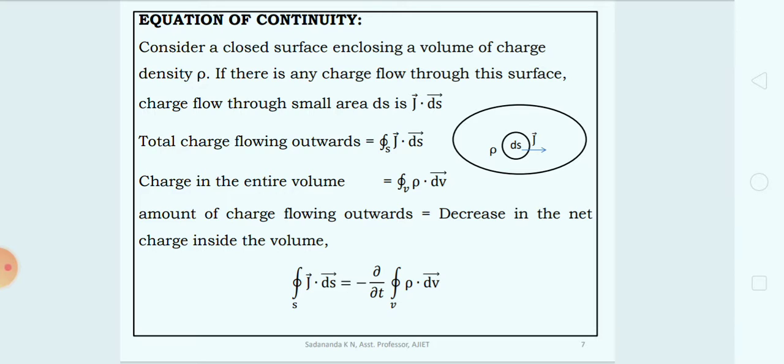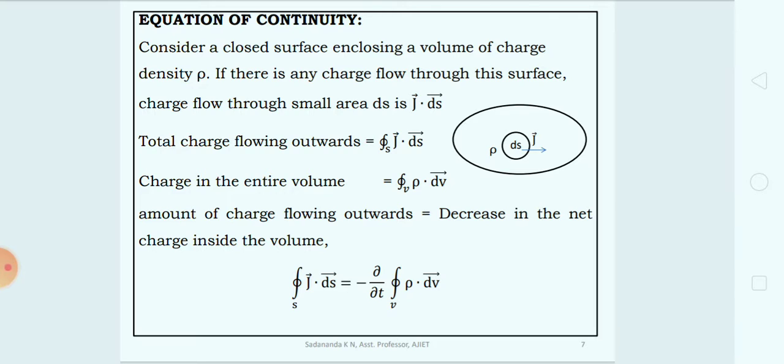Now the charge flow through this elemental surface can be evaluated as the surface integral of the charge flowing per unit area through that area, that is j dot ds, nothing but current density into ds.